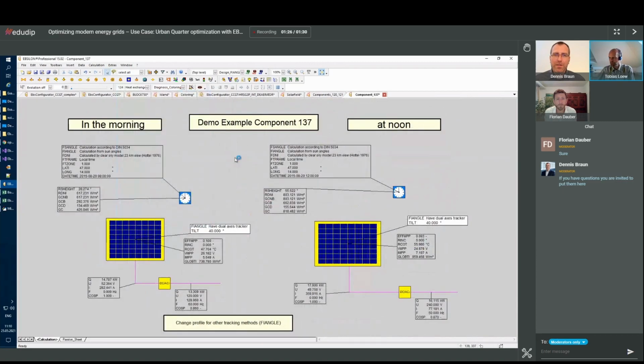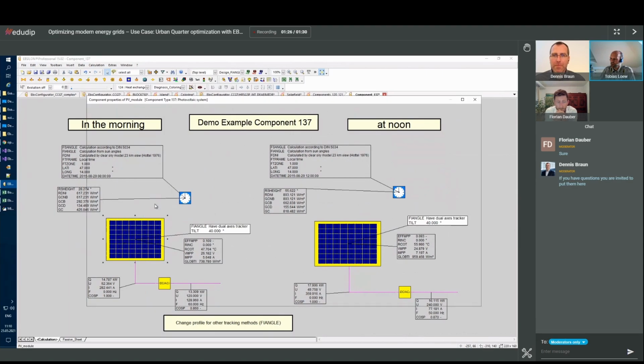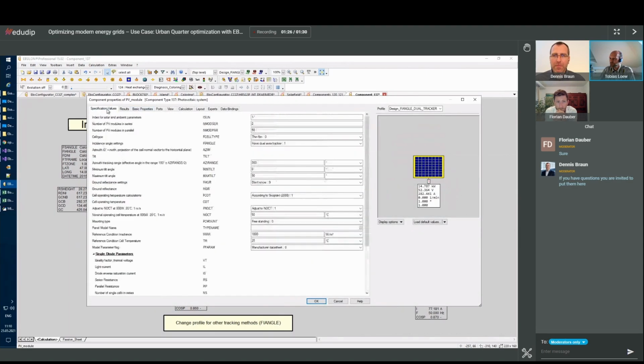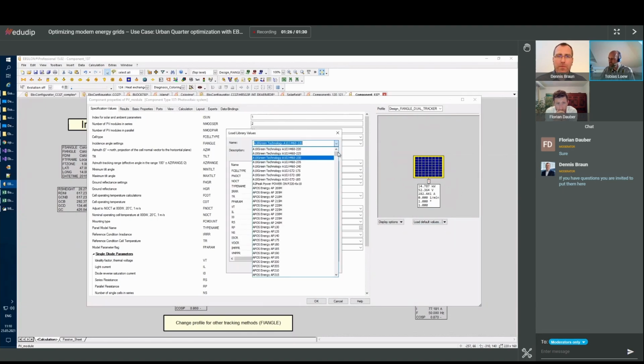Those are all example models that are shipped with EBSILON. And here we have a model for the PV module, which you can also specify with a lot of values. And we have a large database; I will open it, and you see I scroll down and it scrolls and scrolls and scrolls.